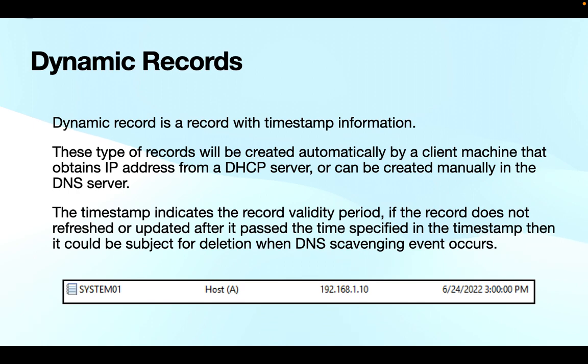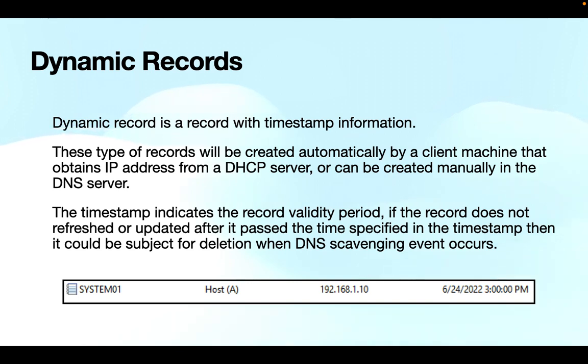As I said, when the record is not refreshed or updated after it passes the time specified in the timestamp, then that record could be deleted. When will it be deleted?